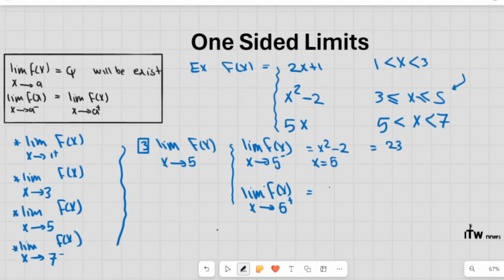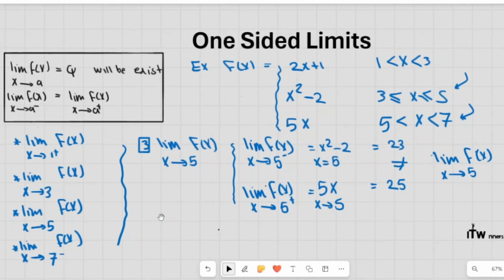Okay, here this depends on this interval, so equal to 5x, and x here equal to 5, this will be equal to 25. As you see here, the left hand limit doesn't equal the right hand limit, so the limit of f of x when x approaches 5 doesn't exist.